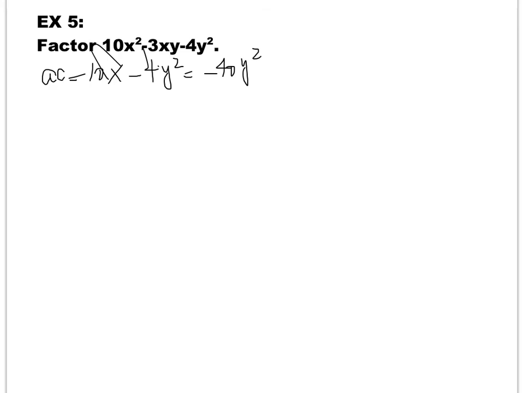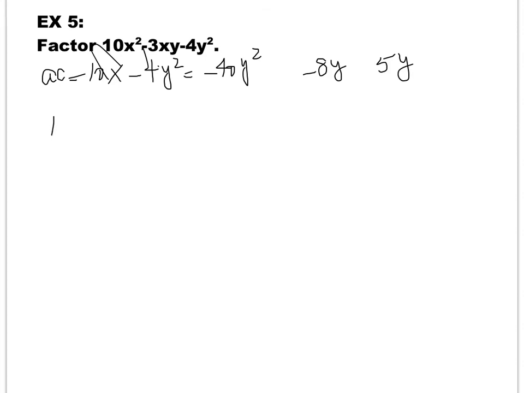So by trial and error, we find that those two numbers are negative 8y and 5y. Because negative 8y plus 5y gives you negative 3y, and negative 8y times 5y gives you negative 40y squared.